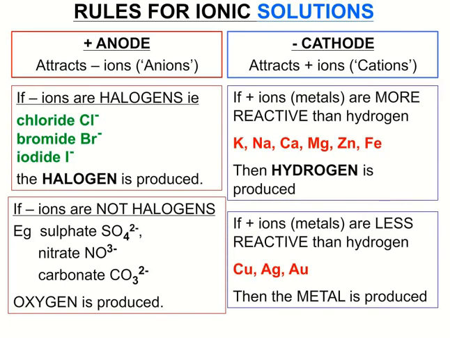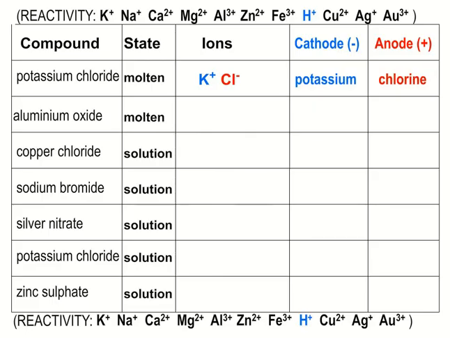If positive ions are more reactive than hydrogen, such as sodium, potassium, calcium, magnesium, zinc, iron, hydrogen is produced at the cathode. If positive ions are less reactive than hydrogen, copper, silver, gold, then the metal is produced at the cathode.